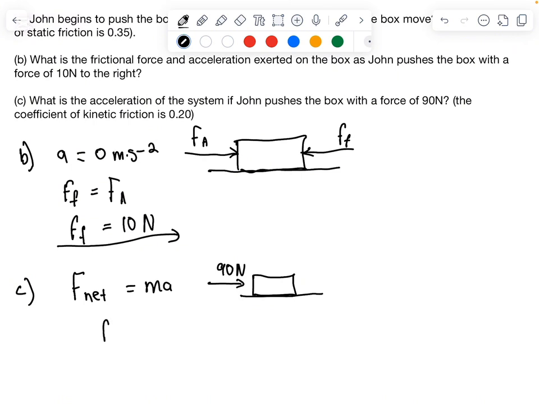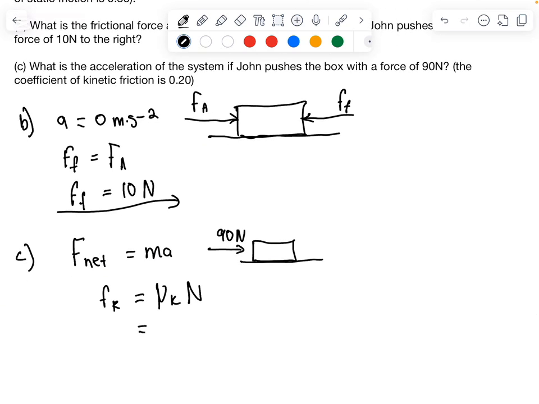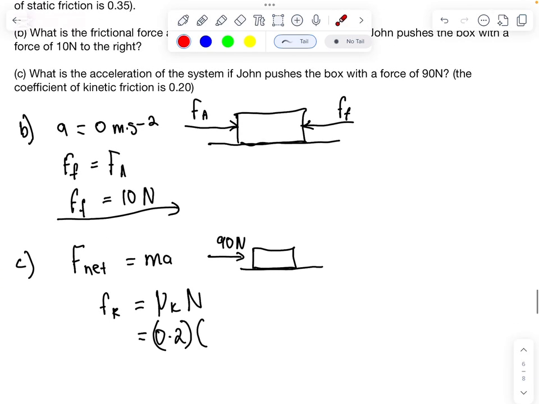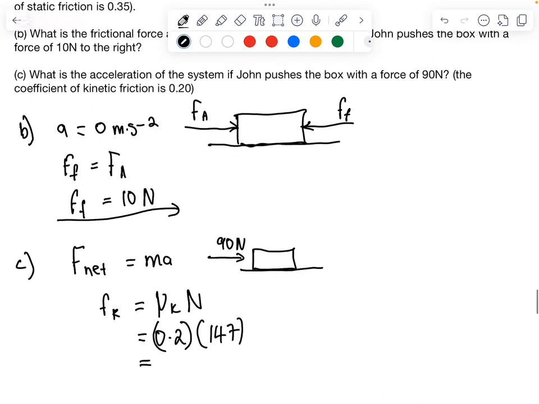But now we need to calculate this kinetic friction because we don't know it. So kinetic frictional force is equal to the coefficient of kinetic friction multiplied by the normal force. The coefficient of kinetic friction in this case is 0.2. And then the normal force, we did calculate it. It is 147. So the coefficient of kinetic friction times the normal force: let me just punch it here on my calculator.